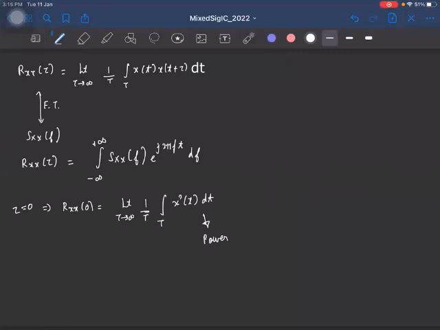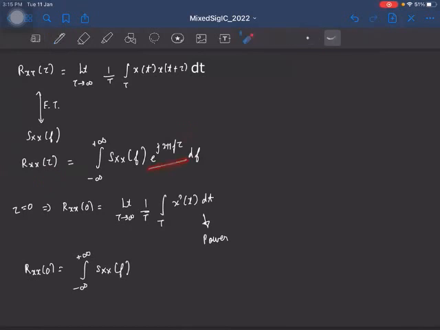And from the inverse Fourier transform expression, we can find what Rxx of 0 is. Sorry, this should have been e power j 2 pi f tau, since we are looking at functions of tau. So to get Rxx of 0, I'll put tau to be 0. This becomes the integral from minus infinity to plus infinity of Sxx of f times e power j 2 pi f tau.